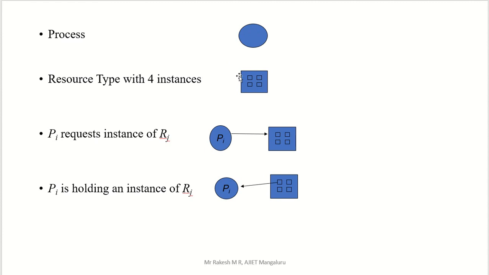This is one resource type with 4 resources. Then Pi requests an instance of Rj. Here we have Pi, a process represented like this. Then here we have our resource. So Pi is requesting. This is a request edge.